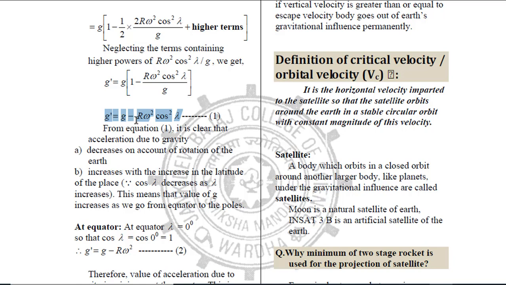Okay? R is the radius of the earth. W squared is the angular velocity at that point ambayo umeweka. Na cos squared lambda, the angle is the cosine of the angle that is extended by the body kwa kuwa that point.